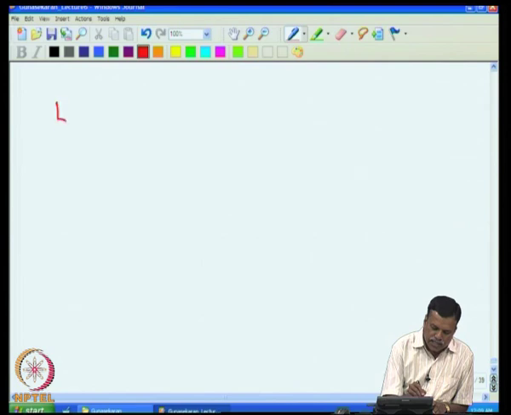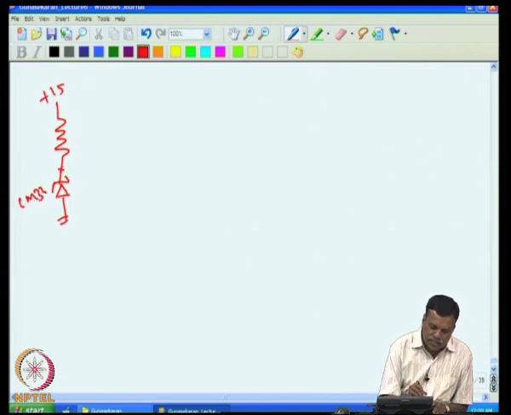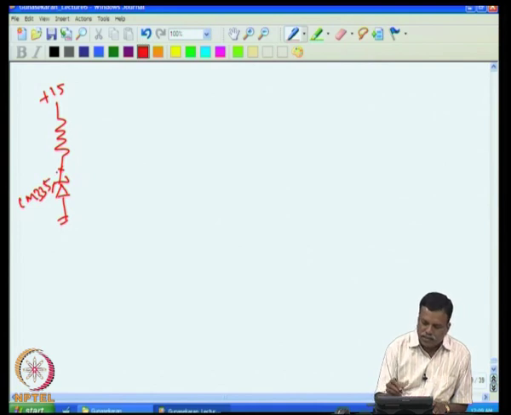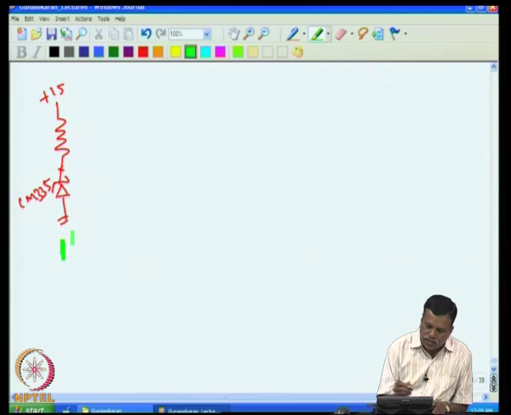You have, say, a temperature sensor. This is similar to what we had here. For example, I can have an LM335 as a temperature sensor. Then I can also have a reference voltage.